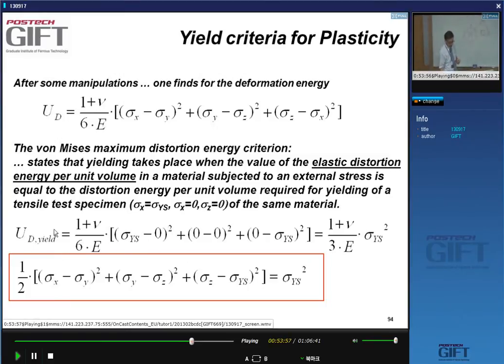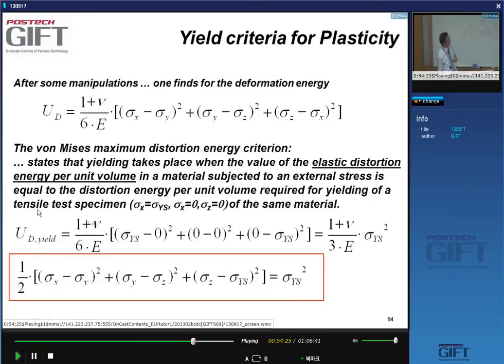Well, this is the shape change energy. So now let's just put in the conditions for a simple uniaxial tensile test. In this case sigma y is 0 and sigma z is 0, and sigma x is equal to the yield stress.